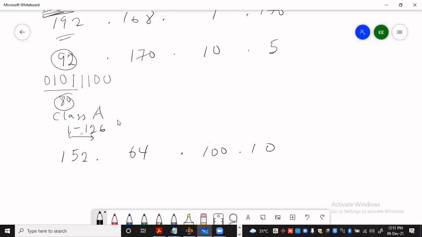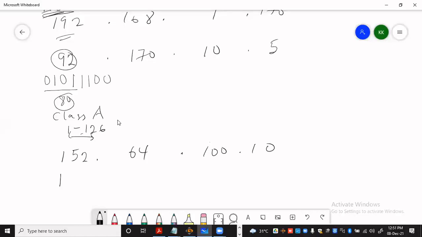So 152, you're going to have 128 being on. So 152 minus 128, what do you have? Anybody? 152 minus 128, you have 24 left.